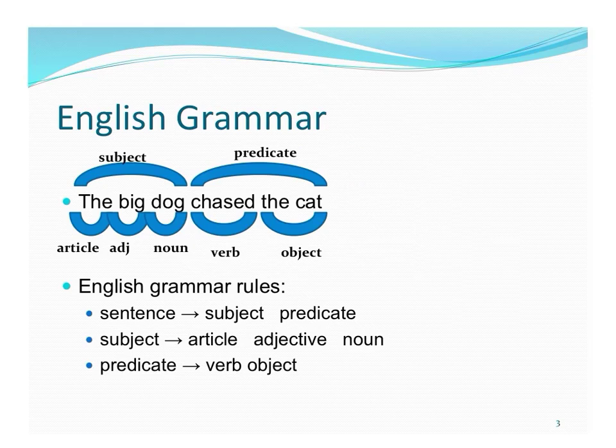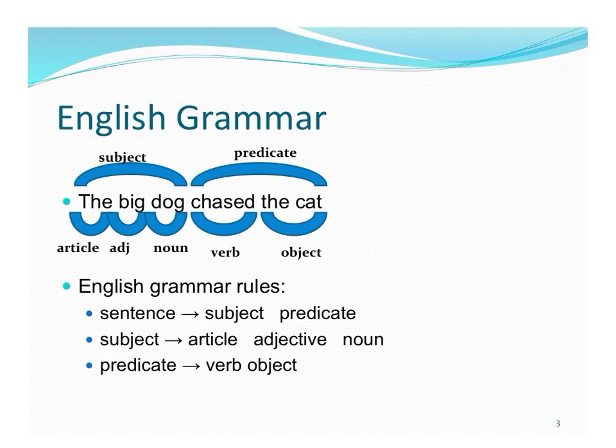So everybody's familiar with English grammar, and if you have a sentence like "the big dog chased the cat," then we can split that sentence into subject and predicate, and we can split the subject into an article, an adjective, and a noun, and so on. And there are very specific rules for English grammar.